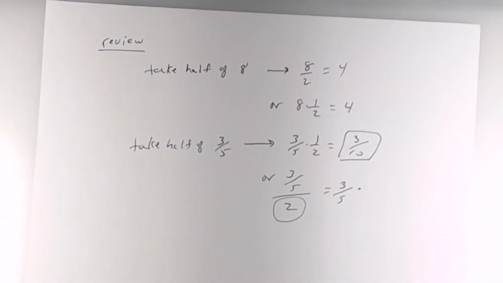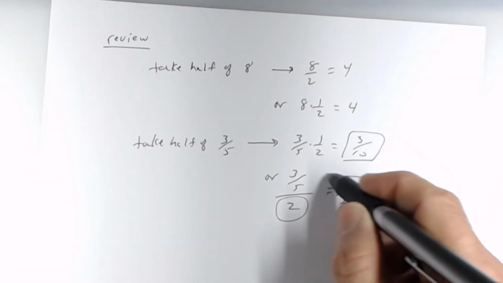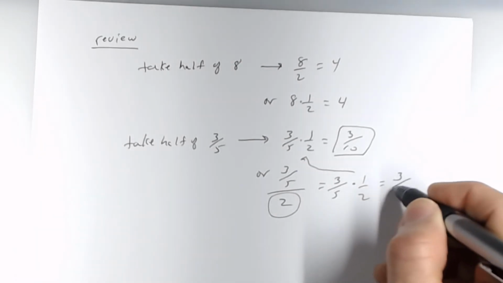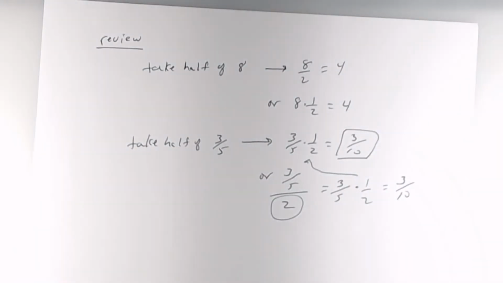So what's the reciprocal of 2? 1/2. Isn't that what this is right here? So you get what number? 3/10. All right, that's going to be important with the second problem we're going to do.